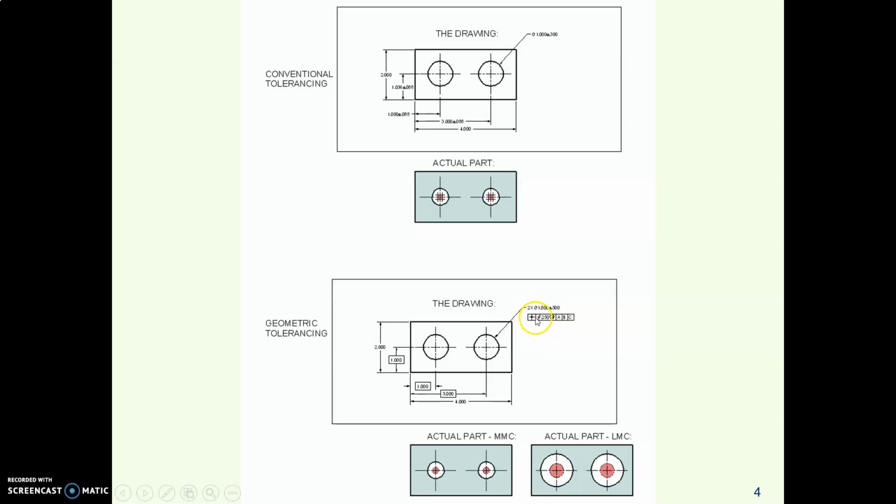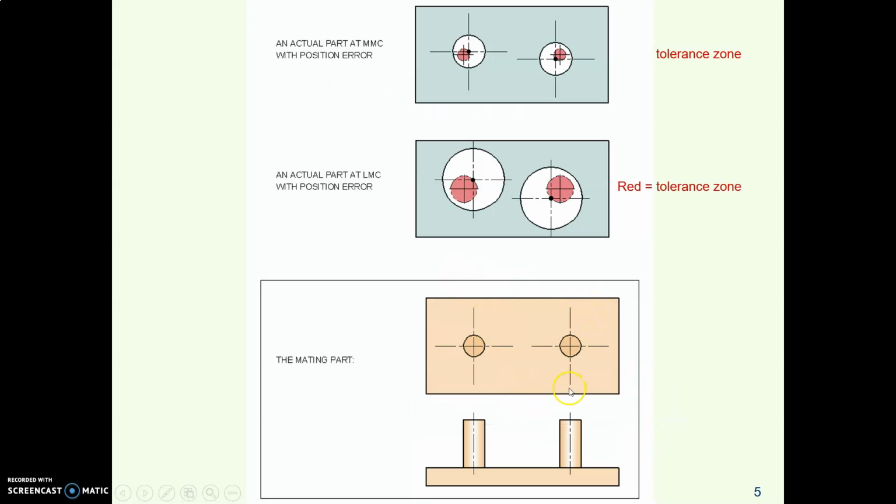We've used a position control, and we've said the tolerance zone is diameter such and such when the part is at MMC. And what you see illustrated is that when you make the actual part with the smallest holes, you're limited to the smallest size tolerance zone. But if you make a part with bigger holes, you get a bigger tolerance zone. That part will still fit over the mating part.